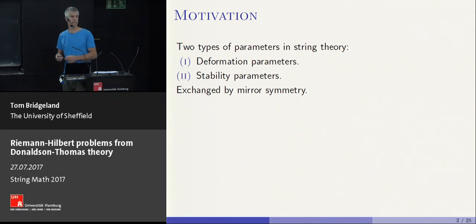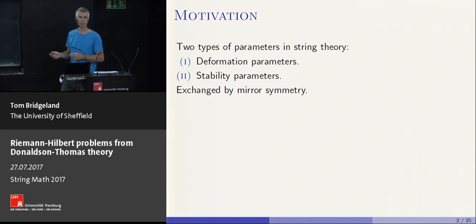What I'm thinking about is that there are two types of parameters that we think about in string theory. Typically we would think about them as the complex parameters of our Calabi-Yau threefold or the Kähler parameters. And depending on whether we're thinking about the A model or the B model, these are deformation parameters or stability parameters.